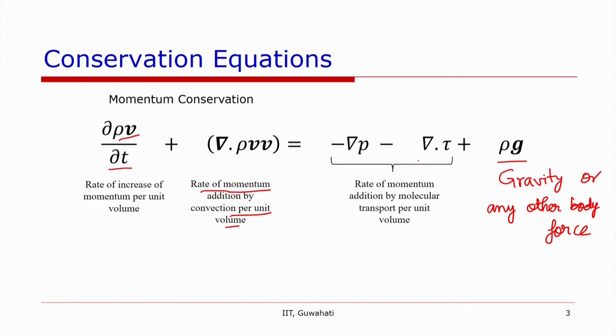The molecular transport term includes P, the thermodynamic pressure, which is the normal stress, and tau, the viscous stresses. It will have normal as well as shear stress components.